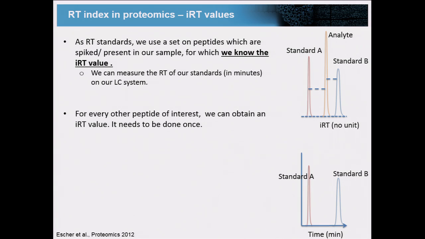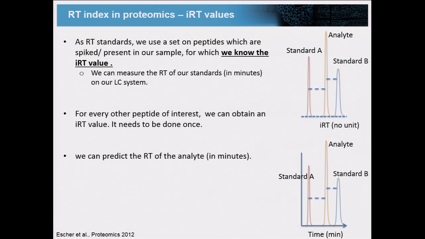But if we did it once, we've done the measurement in time, we can just predict the RT of our analytes in minutes from the IRT value that we had without any units. So we move from a set of measurements that has no units into a set of measurements that has units in minutes, and that is based on the fact that we have these RT indexes, these IRT values, and some sort of knowledge about the relationship between these various standard peptides and our analytes of interest.